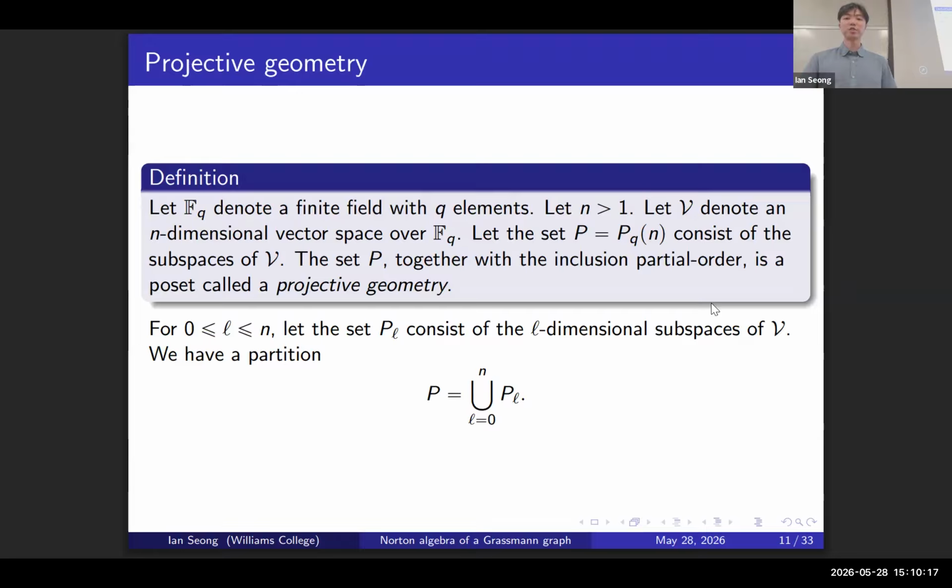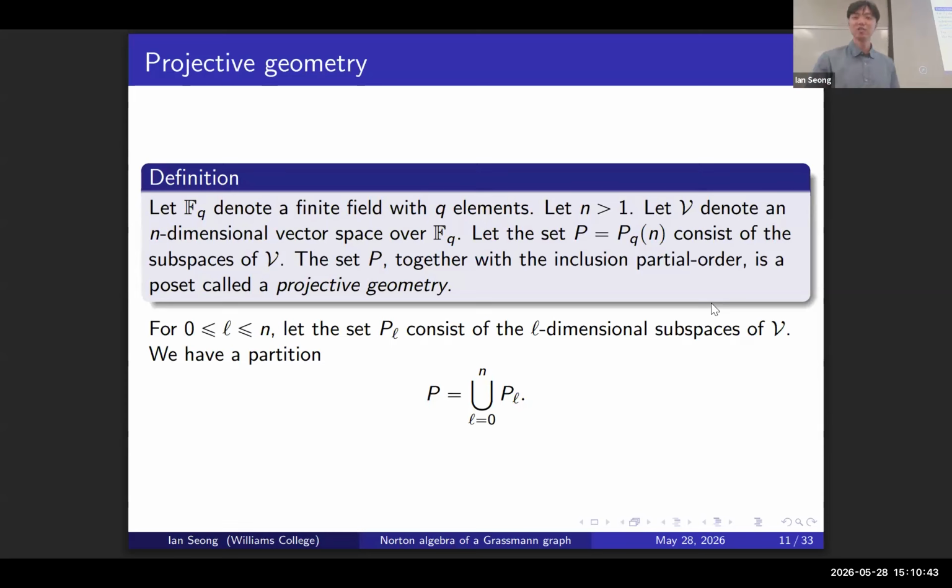Now one thing we know about a projective geometry as a set of subspaces is that we can partition it into different ranks based on their dimension. So we have P as a disjoint union of P sub 0, the 0-dimensional subspaces, P sub 1, the 1-dimensional subspaces, all the way up to P sub n, the n-dimensional subspace, which is the vector space cal V itself.